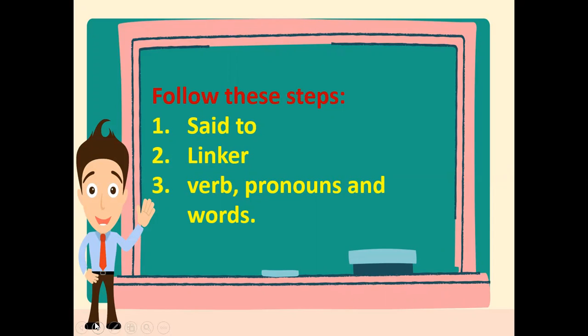Here, it is compulsory that we use that as a linker. Then, the third point is that verb, pronouns, and words will be changed. And there's another point which we have to remember, especially when we start sentences with how or what, and we are going to discuss that point when we do that example.